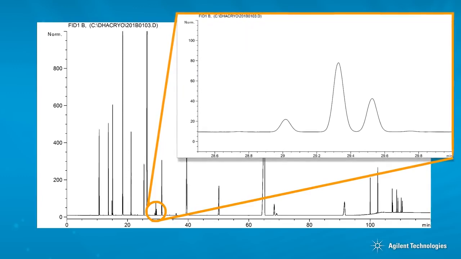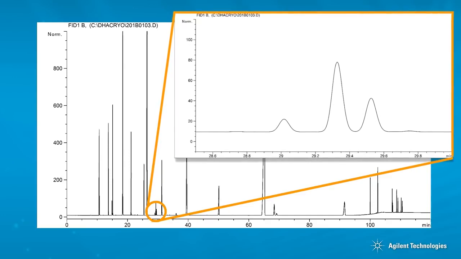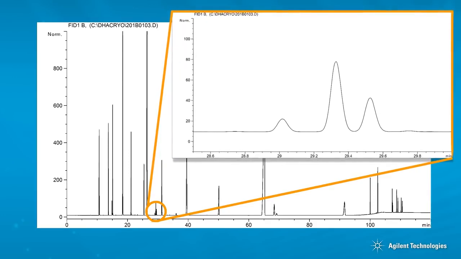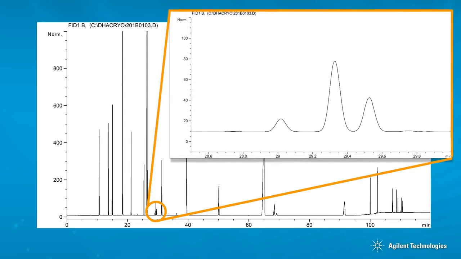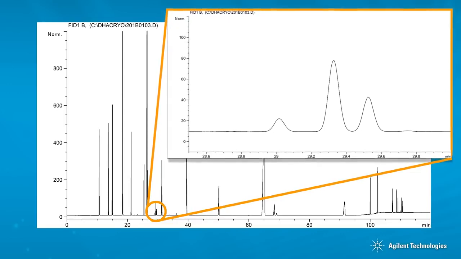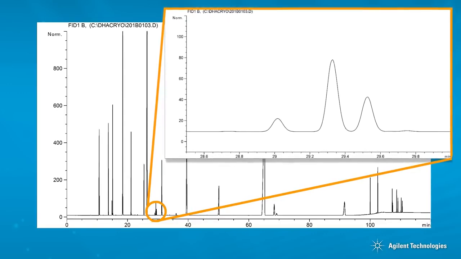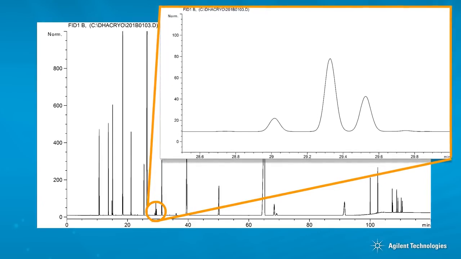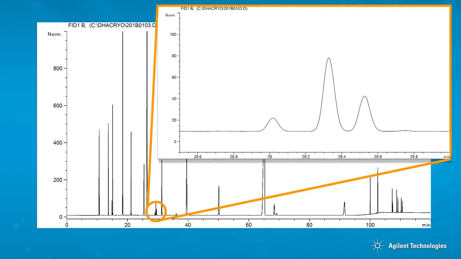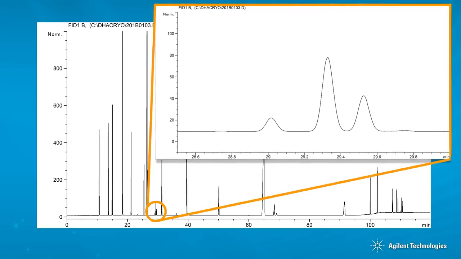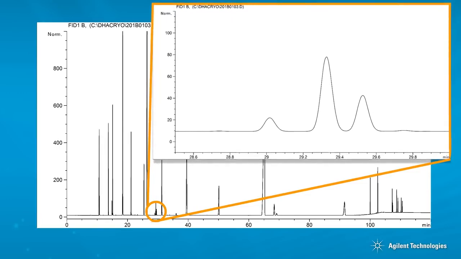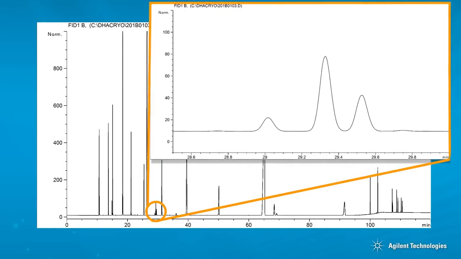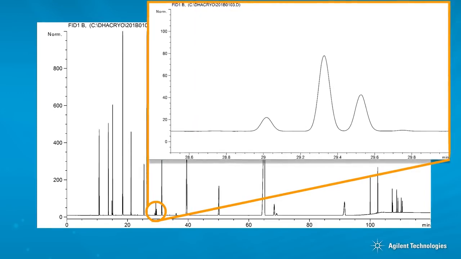Under isothermal conditions, this column can generate almost 500,000 theoretical plates. The analysis takes almost 3 hours to complete, but resolves nearly 1,000 compounds. The magnified region shows that baseline resolution is maintained for these test components. When necessary, GC can provide extremely high resolution.